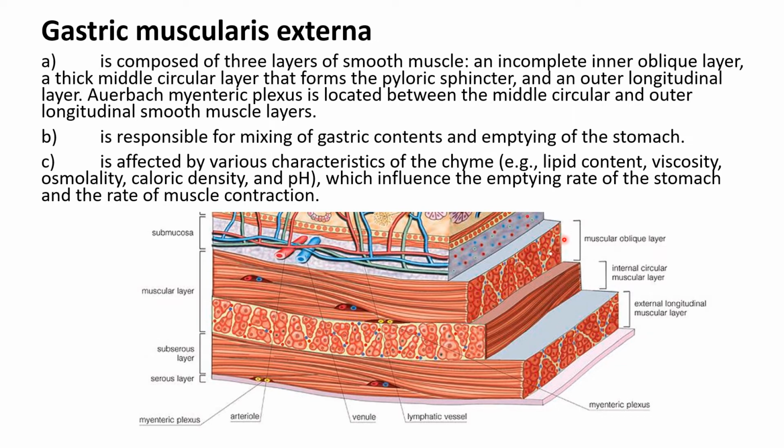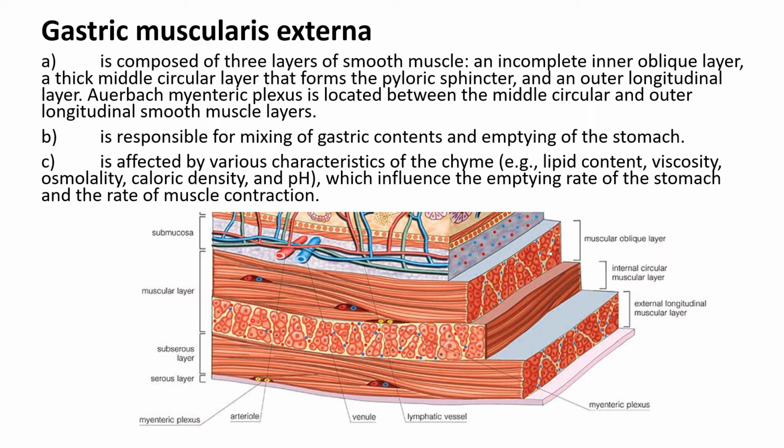The inside has a layer composed of obliquely placed smooth muscles, followed by the middle circular layer, which is very thick.